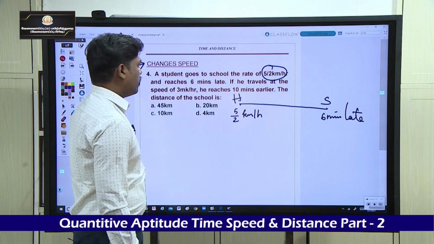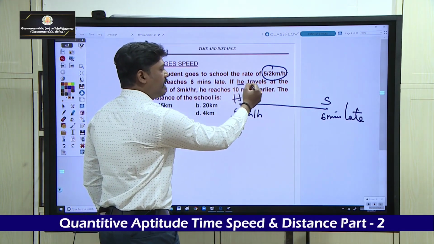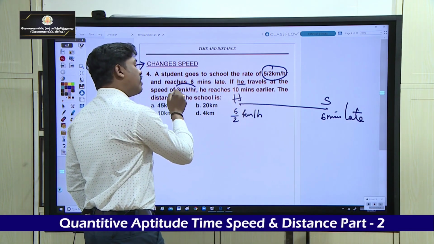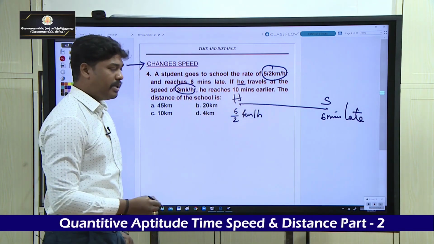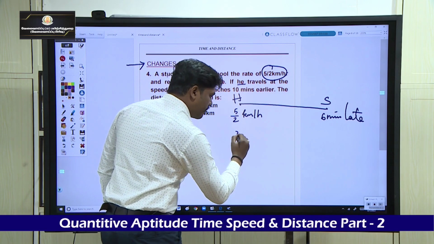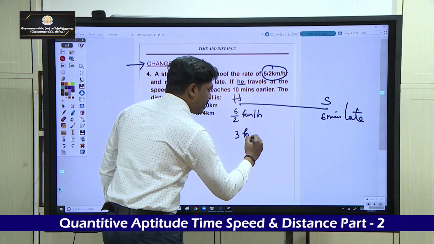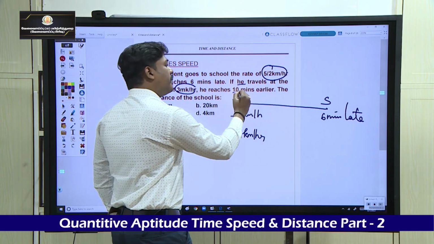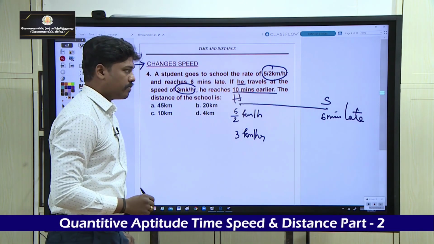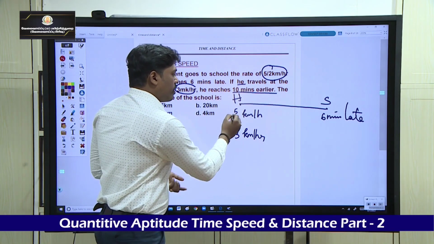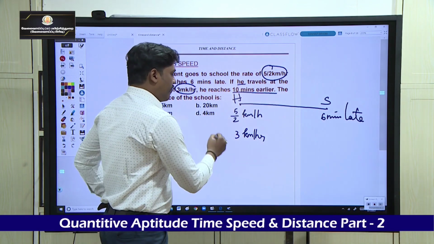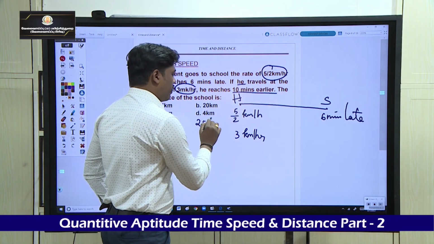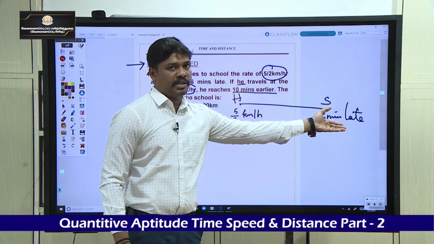Okay. So, the same person, if he travels at a speed of 3 km per hour, which means he is increasing the speed, he reaches 10 minutes earlier. If he is going at 5/2, which means 2.5 km per hour, he is late by 6 minutes.